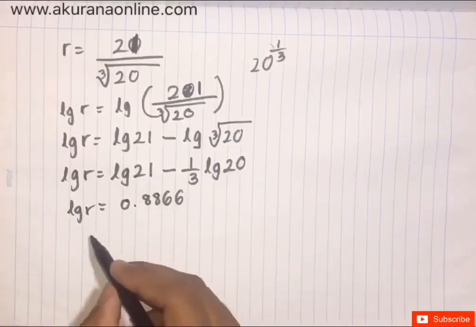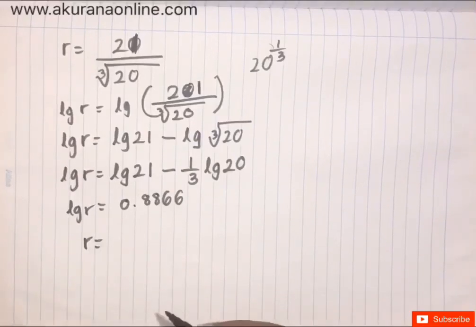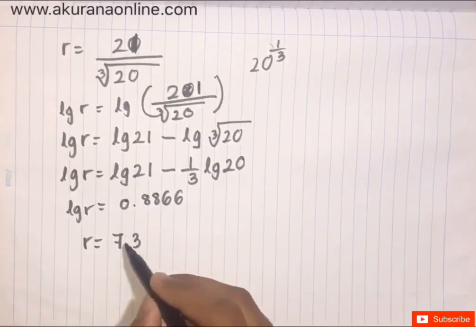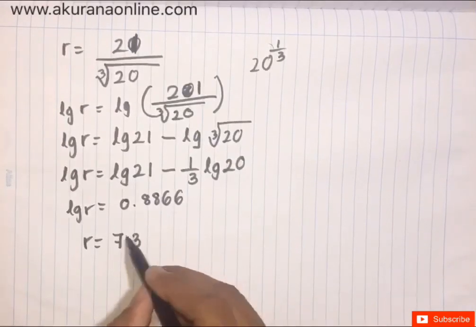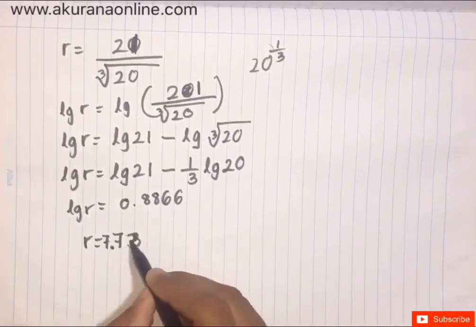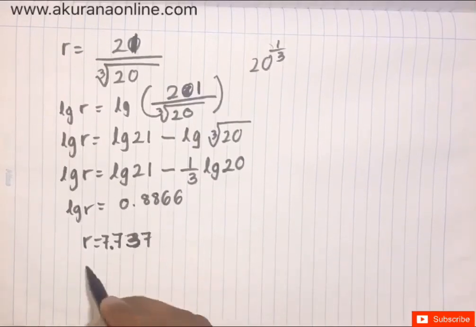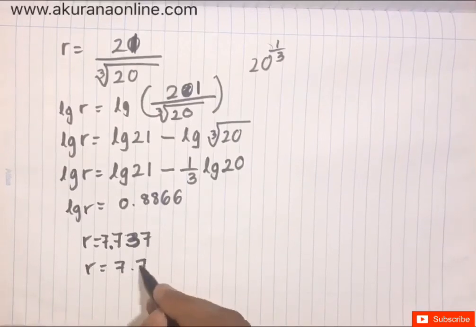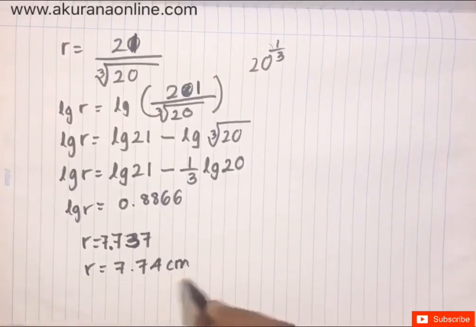Therefore when you find the antilog, r will be equal to 7.737. So when you round off to 2 decimal places, you have 7.74 centimeters.